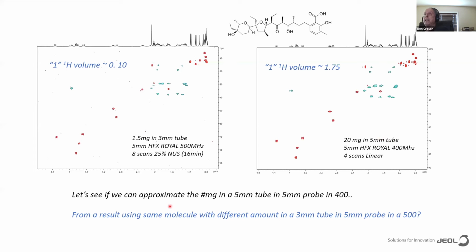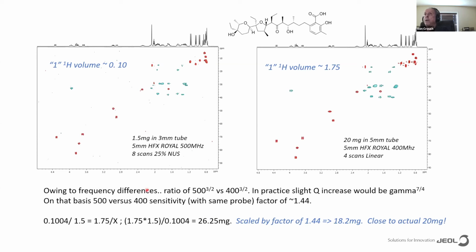And so the real point is, can we approximate the number of milligrams in the 5 millimeter tube in this 400 from this 1.5 milligram sample in a 3 millimeter tube in a 500? Can we do this? Owing to frequency differences, based on strictly frequency, what we know is the 3/2 power of 500 versus 400. But in practice, some probe builder friends tell me that it actually is up the 7/4 power.